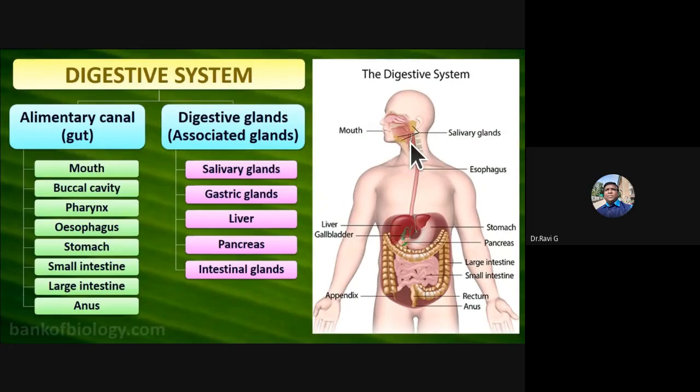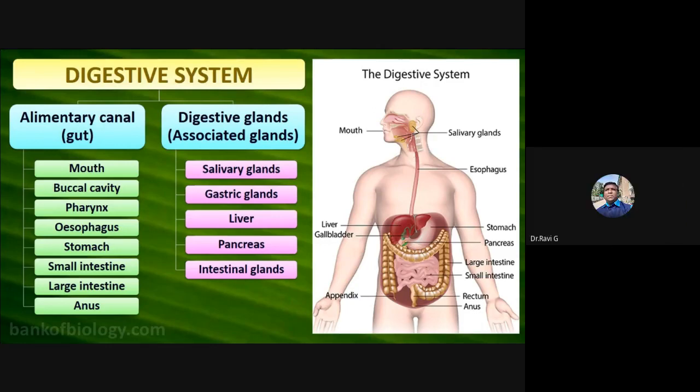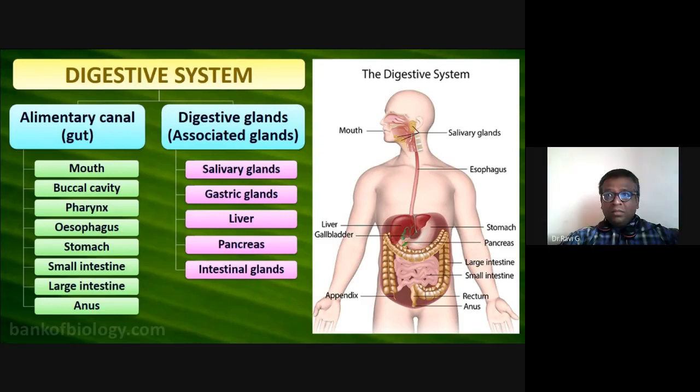They secrete saliva. In the mouth, I told you that mechanical digestion takes place and partial chemical digestion is brought about by the salivary amylase. Salivary amylase is also called ptyalin. Okay, not Stalin, ptyalin.